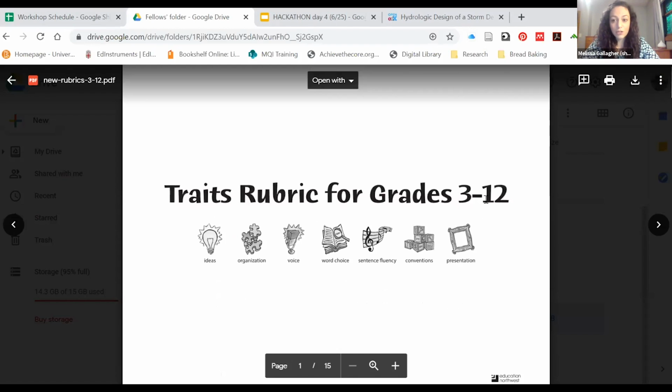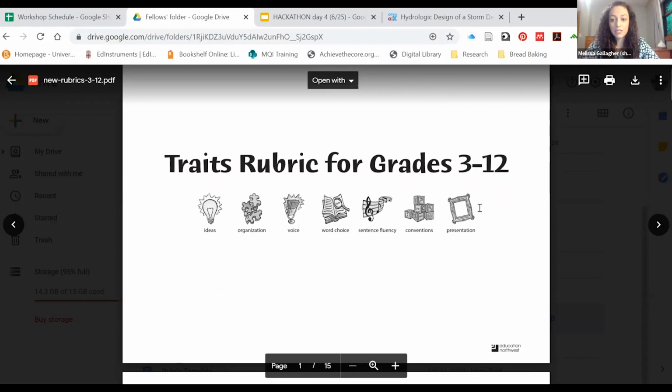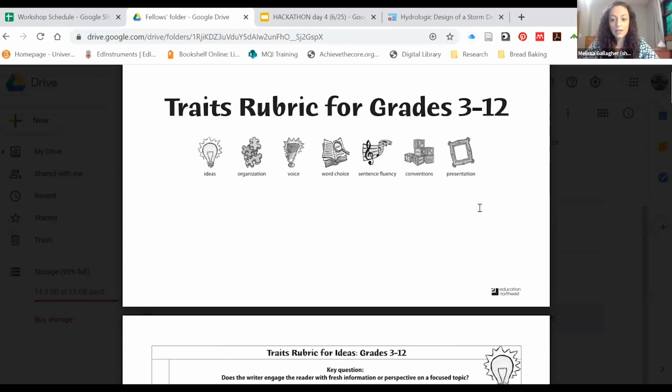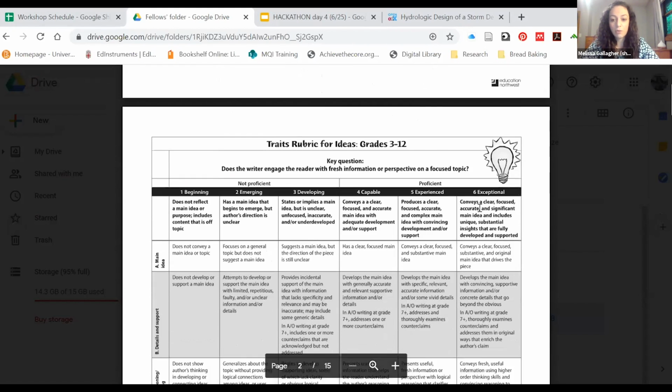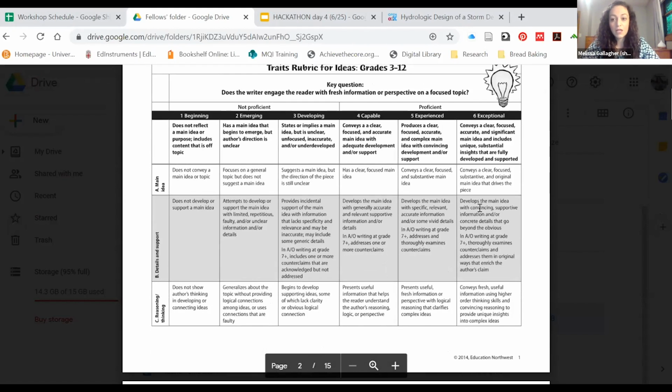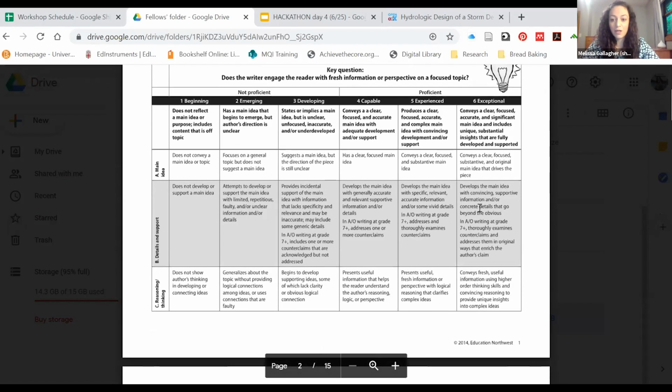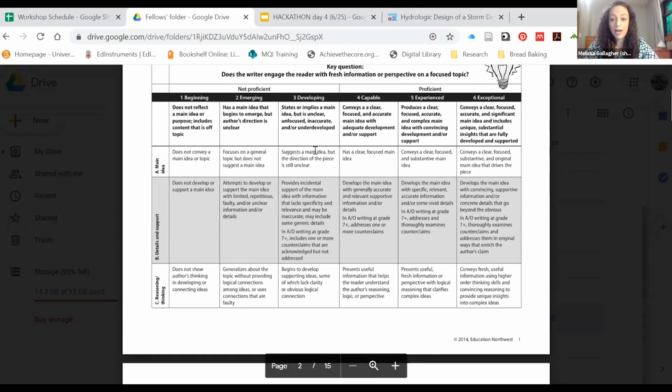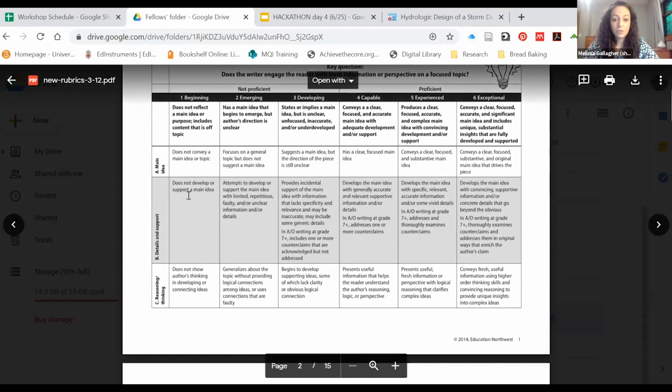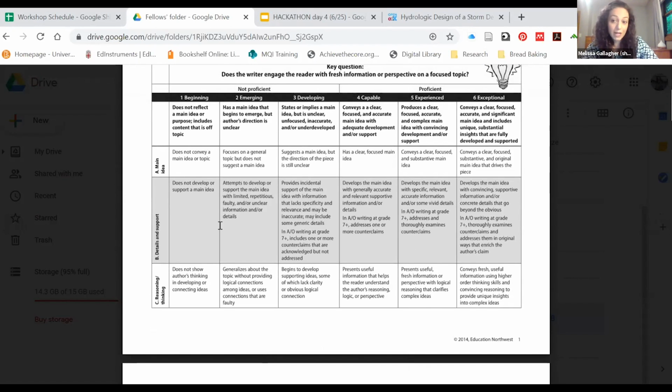Now these are rubrics for grades 3 through 12. However, arguably where a 12th grader is in writing and where a college sophomore is are probably not too far off. This is a 15-page writing rubric. So if you have used writing rubrics in the past, you probably didn't use a 15-pager.